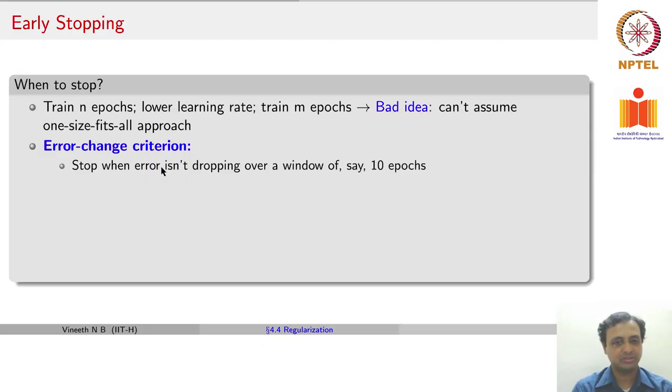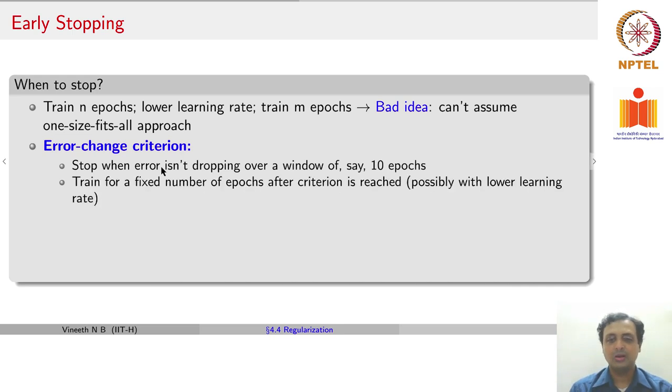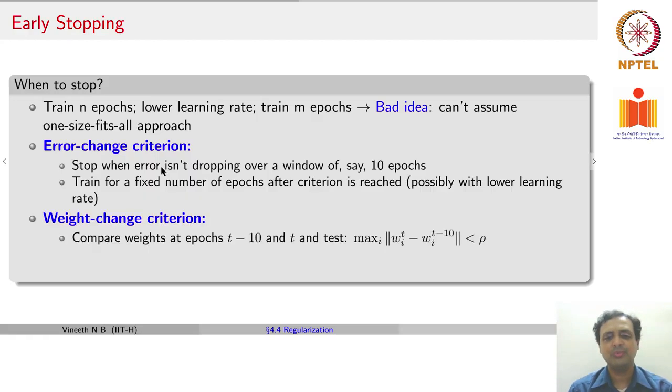Could be 10 epochs, 5 epochs, 3 epochs, whatever. And if the error is not dropping significantly across those epochs or mini batch iterations, you say it's time to stop your training. After you stop, you can always train for a fixed number of iterations. You decide to stop because you still have not got to a critical point, which means your gradient is not absolute zero. You may as well train a little bit more just to ensure that you get closer to the critical point. That's one heuristic you can use.